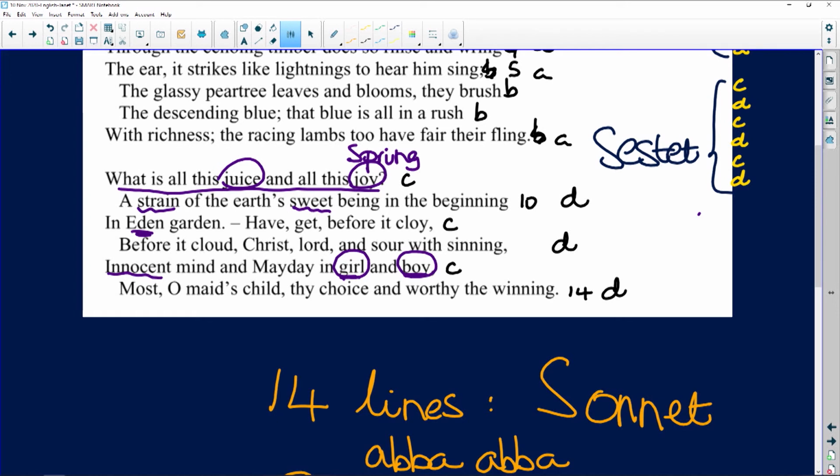And he prays to God, to Christ, and he says, please, Christ, keep young people full of juice and joy and sweetness and innocence. Don't let them sin and become clouded and soured. Keep them sweet.